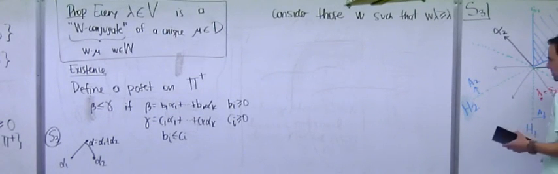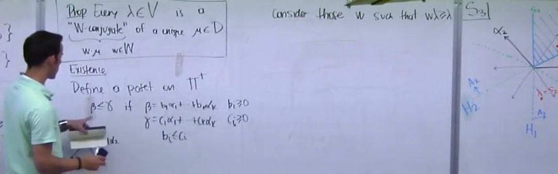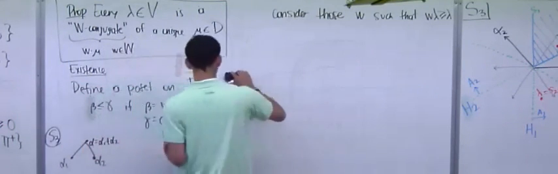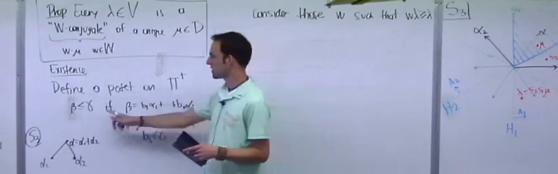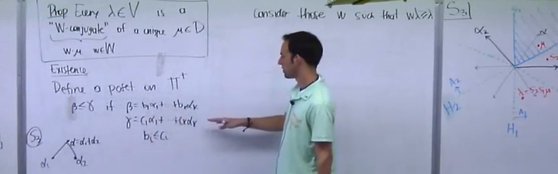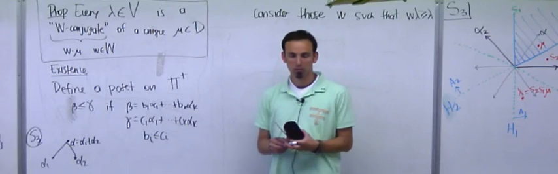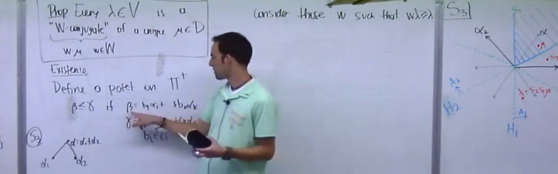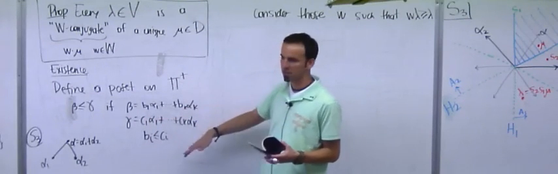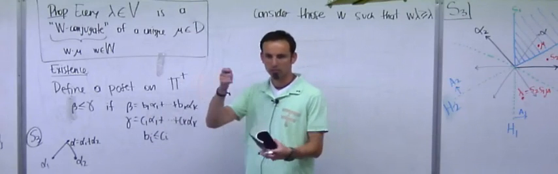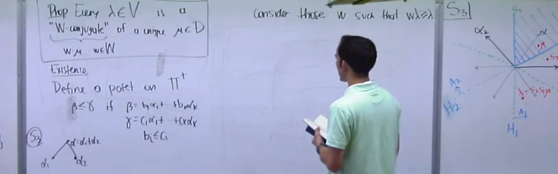And so what I'm going to want to do is define just an inequality of any two vectors in this space by saying that, I mean, remember that alpha 1 up to alpha k is a basis, right? And so that means that any vector in this space can be written uniquely as a combination of the bases. Okay? And so I can extend the same definition not just for the roots, but for any two vectors in my vector space.